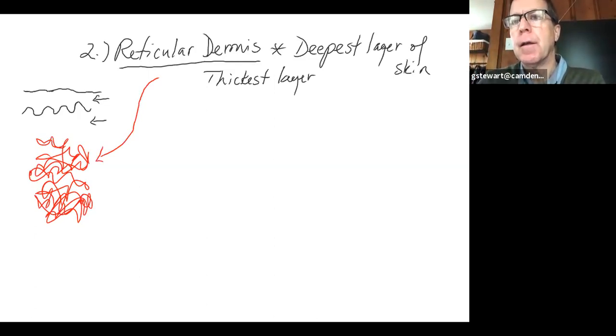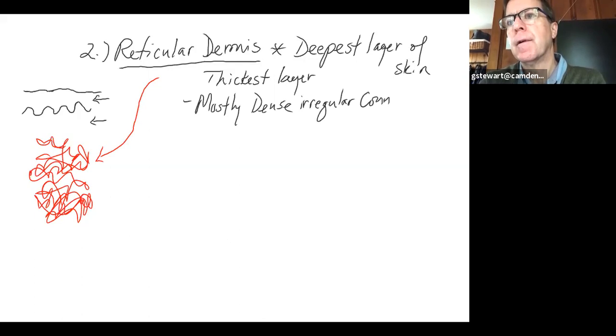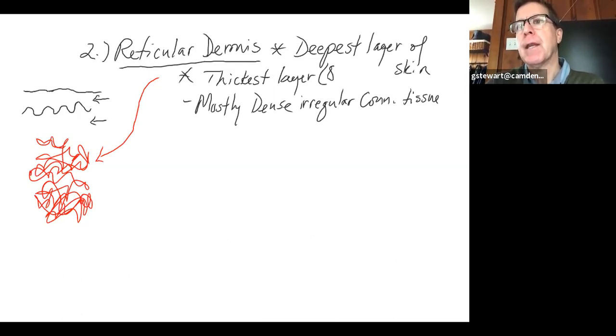And it is mostly dense, irregular connective tissue. It makes up about 80% of the thickness of the skin, so it is by far the thickest layer. I'm just going to put 80%.